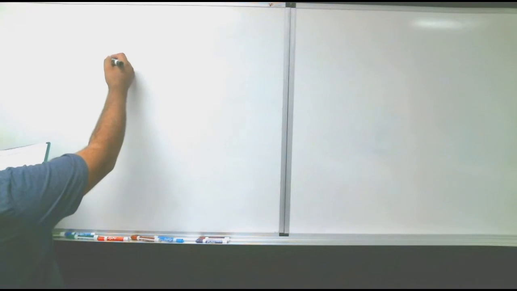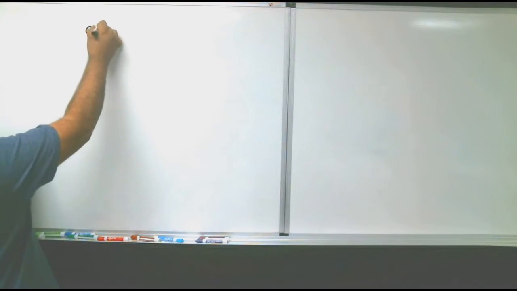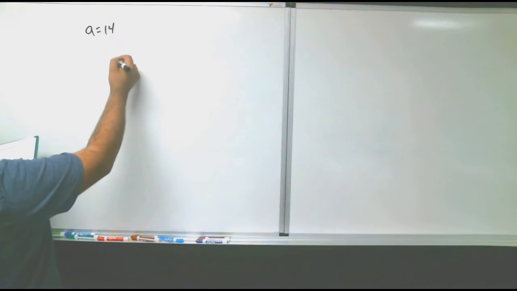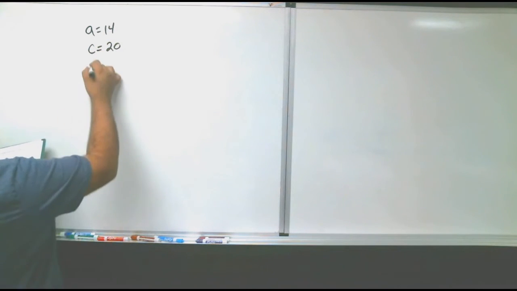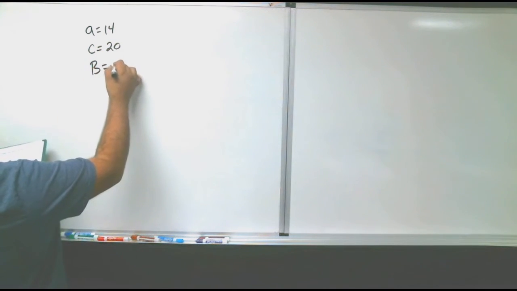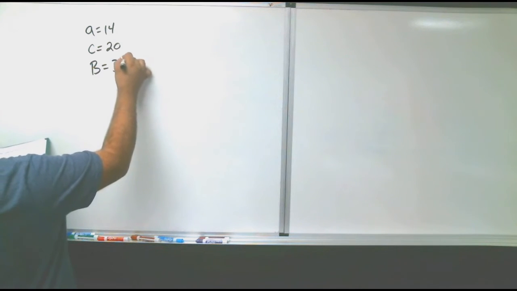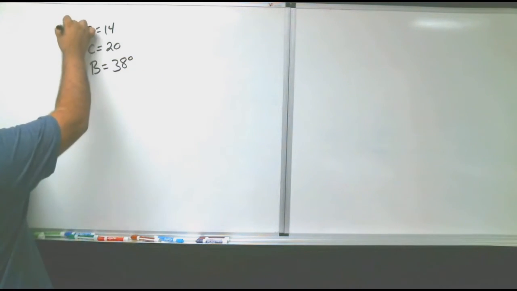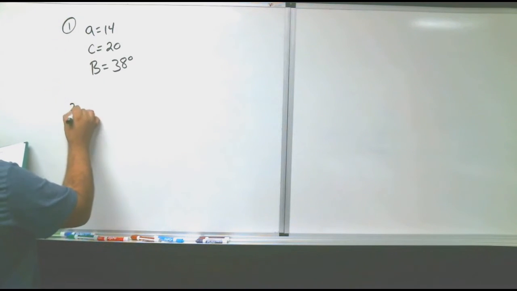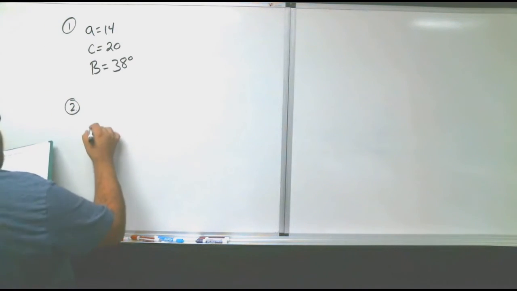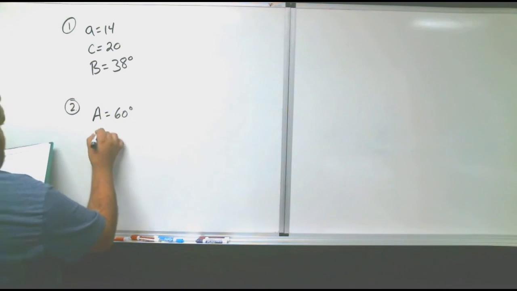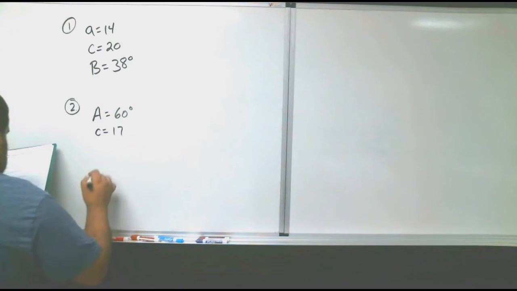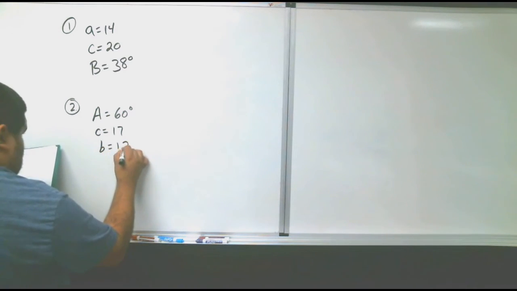So here we go. We have little a equals 14, little c equals 20, capital B equals 38 degrees. That's number one. Number two, A equals 60 degrees, little c is 17, and little b is 12.